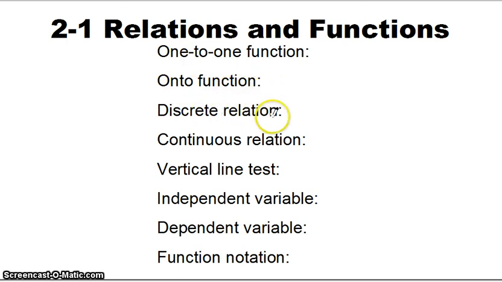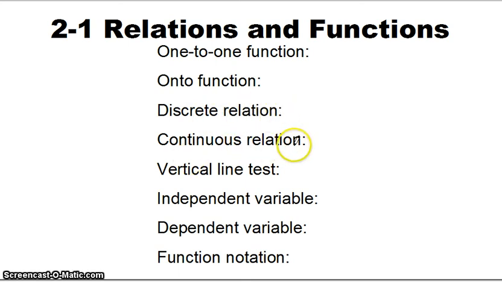You saw discrete relations as you were graphing number 2 to decide if it was a function with the vertical line test. And when you were representing relations as graphs, and you had a list of points or group of points in the graph, those are a discrete relation, a group of points on a graph. That's discrete.